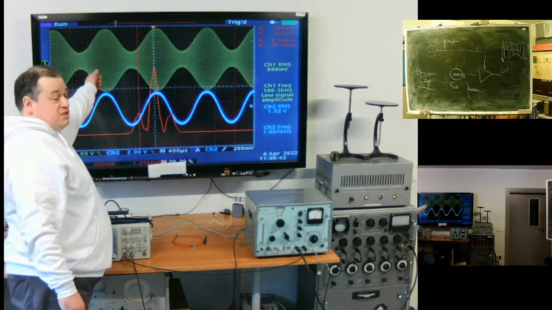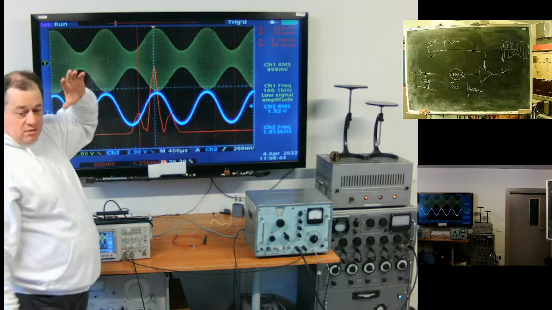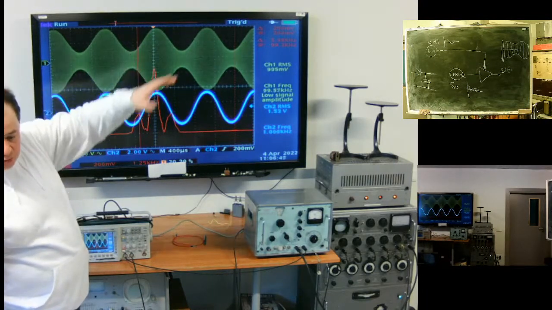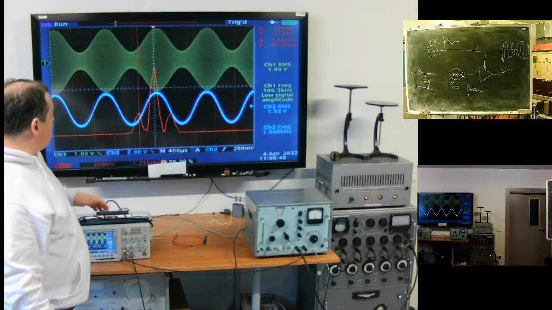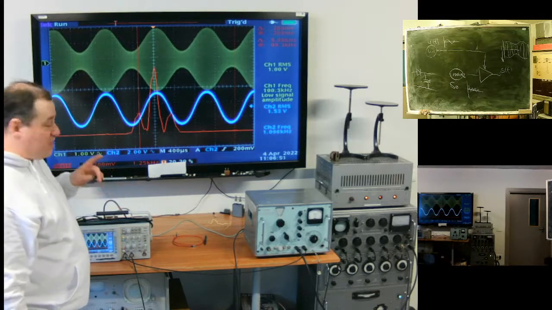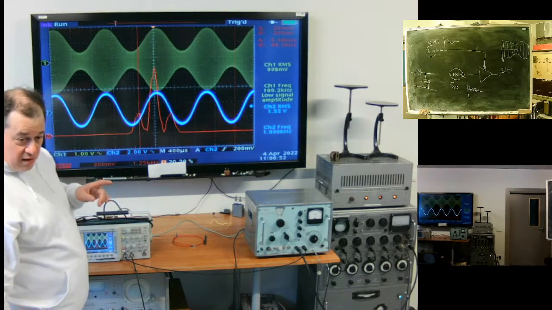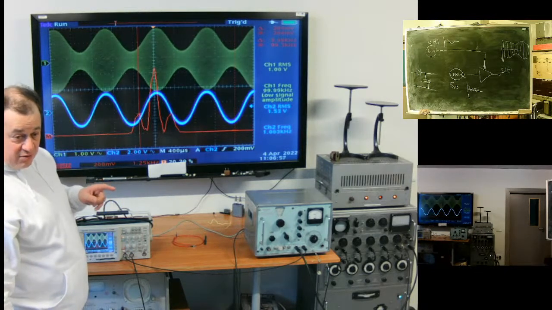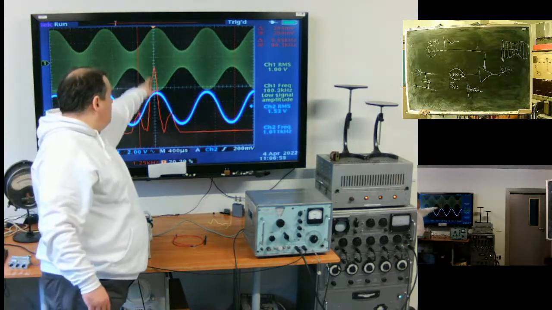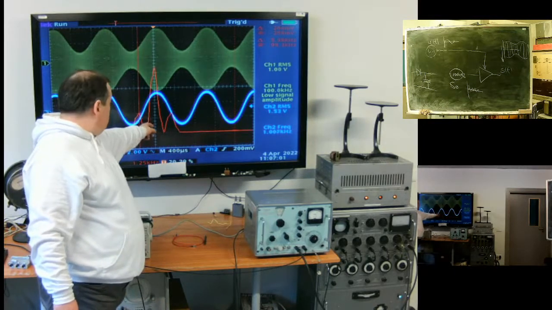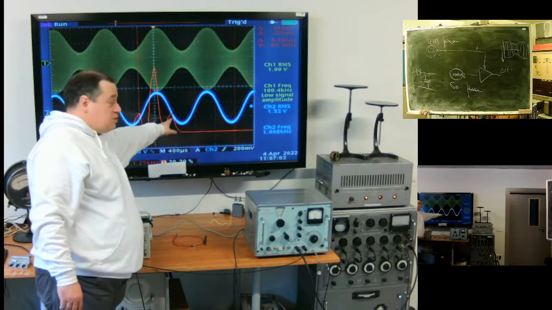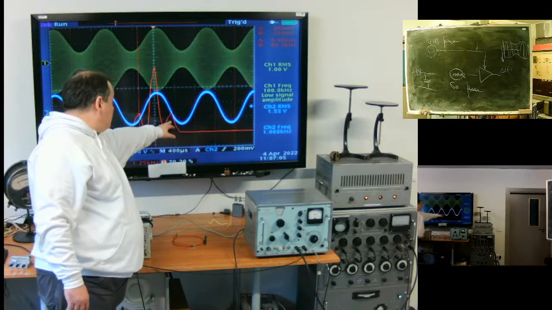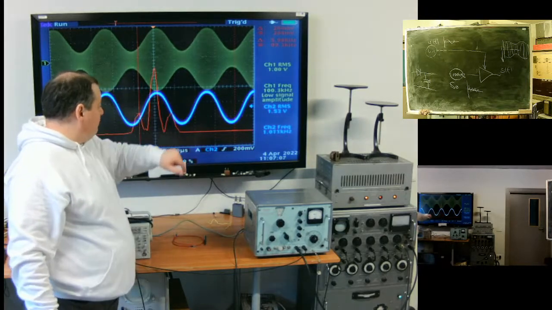The transferred signal, what will go to amplifiers and to antennas or to cable, now contains 3 elements, or occupies 3 frequencies. The central one, the carrier, and 2 sidebands. Upper sideband and lower sideband.